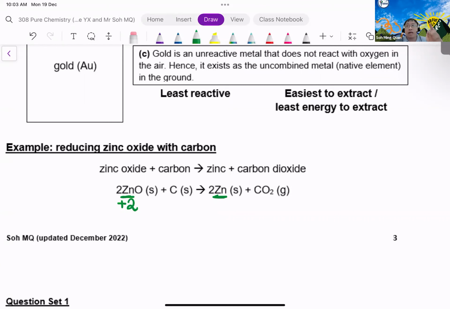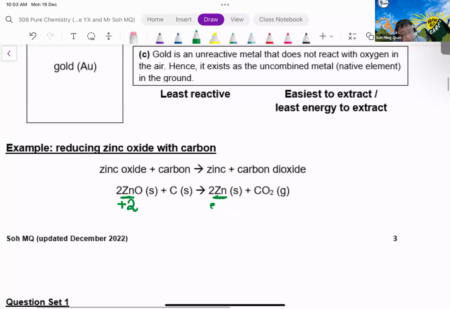All right. Next, how about zinc at the end? Well, zinc at the end is an element. It's not combined with anything else. So the oxidation state is 0.